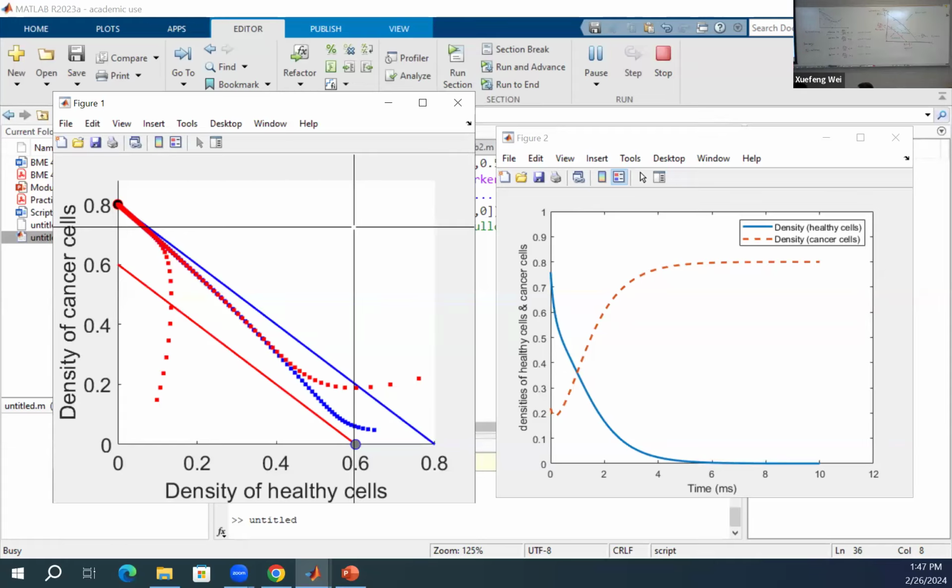There are a lot of healthy cells and very few cancer cells, but they still lose because this is an unstable state. They always get to the cancer-cell-wins scenario, and all the healthy cells die out over time. So we're going to run this next time.